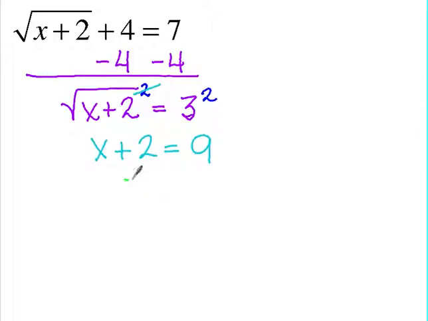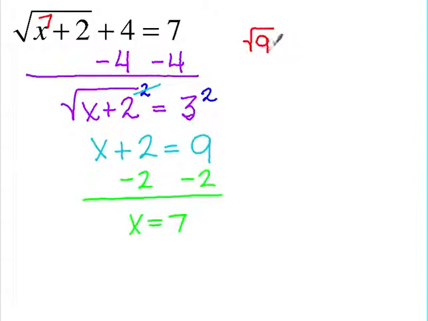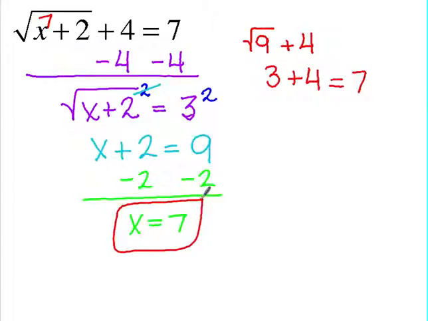So you subtract 2, and you get x to equal 7. Step 4 is to check. So we're going to plug 7 back into the original problem, and we're going to see if it works. So I end up having root 7 plus 2, plus 4. So root 7 plus 2 is root 9, plus 4. What is root 9? Does 3 plus 4 equal 7? Yep. So x equals 7 is the solution, and that's it.